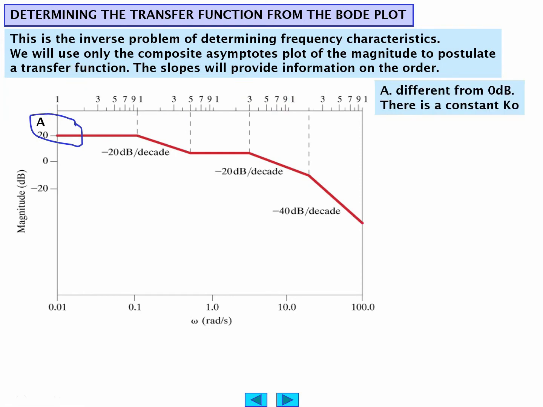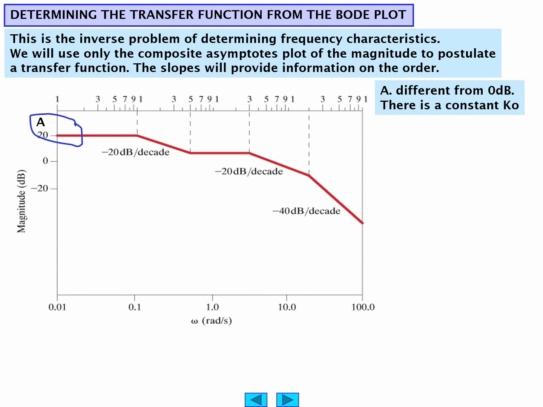Now, it's not 0 decibels, so you're going to have a constant. The fact that it's not rising at 20 decibels a decade, and that when you go down to 0 radians per second, you're going to get negative infinity decibels, zero gain.